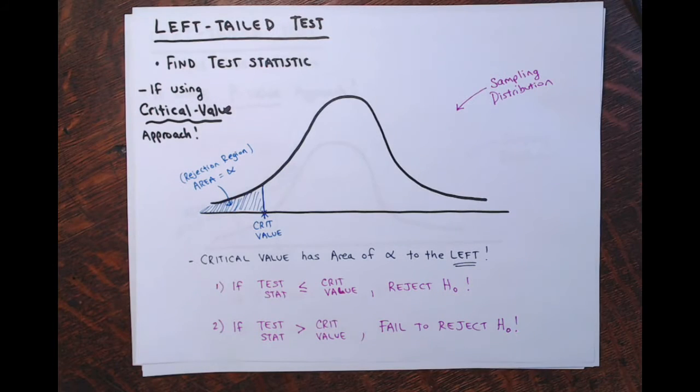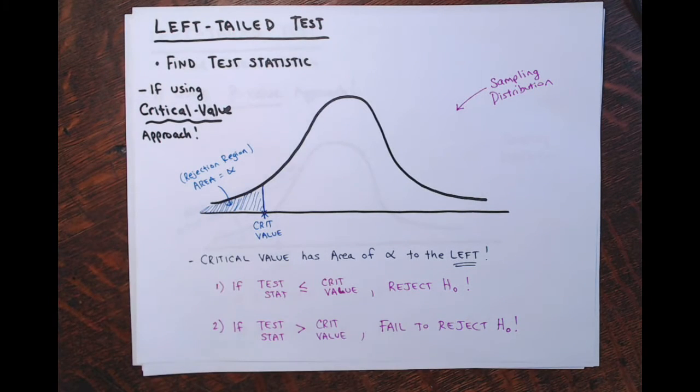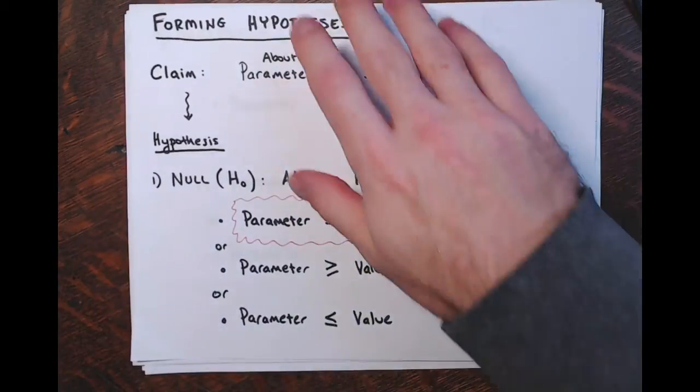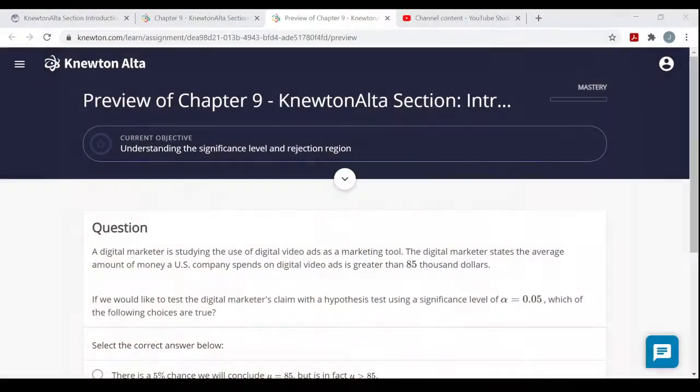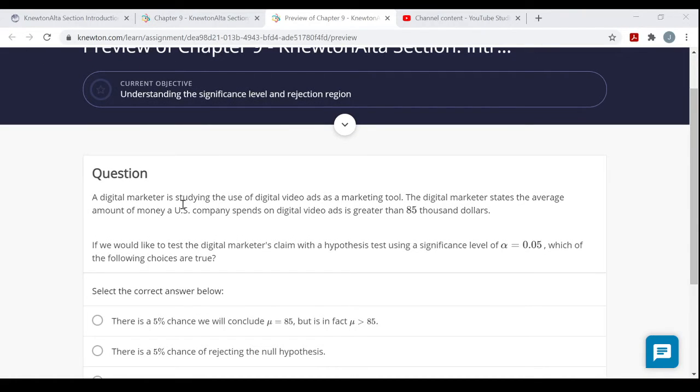All right, so now that I've discussed all that, let's get all this stuff out of the way. Now let's go back to the question. So here, a digital marketer is studying the use of digital video ads as a marketing tool.